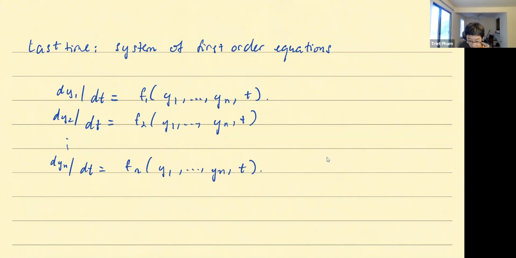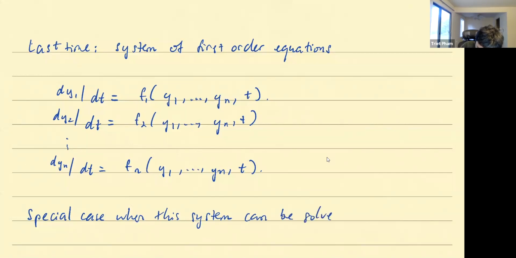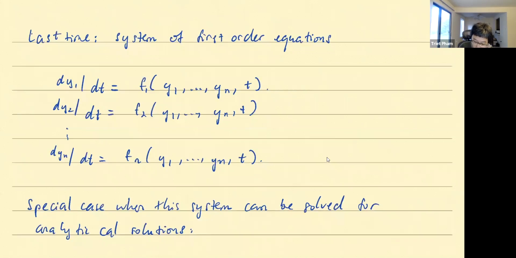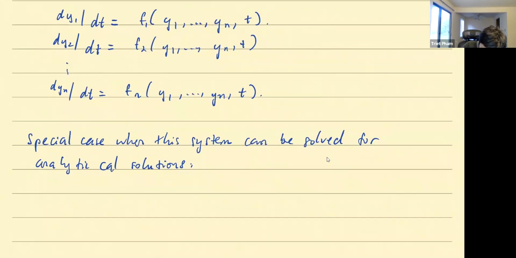Now, what we focus on is some special cases, the special case when this system can be solved for an analytical solution. And the only case that's worth our attention is what's called the partially decoupled system.